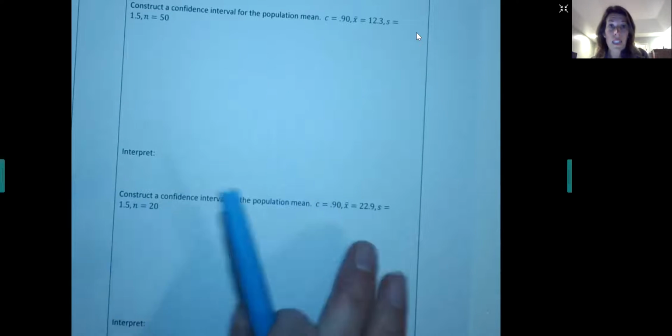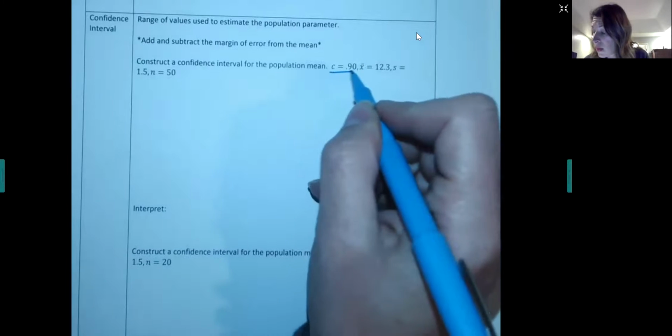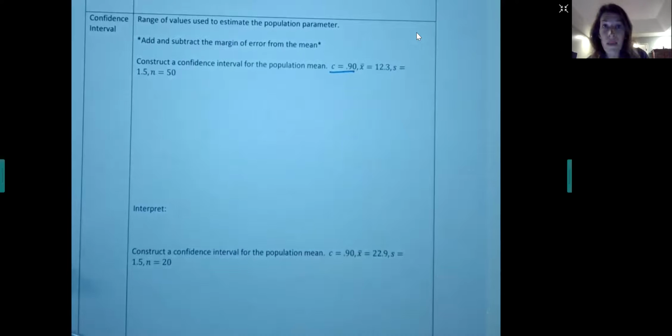So we're constructing a confidence interval. That means that we are going to find our margin of error. We're going to add and subtract it to our mean. It's going to give us a range of numbers. First thing I have to do is find my margin of error. I have a C of 0.9. That means that I have a z-score of 1.645.